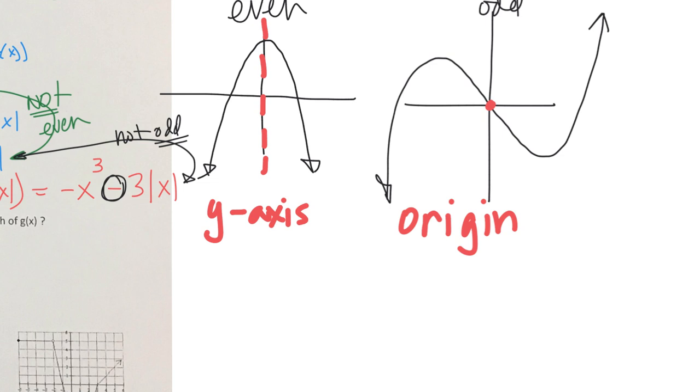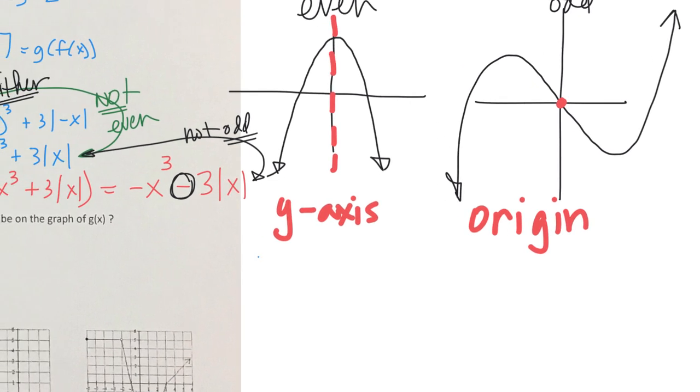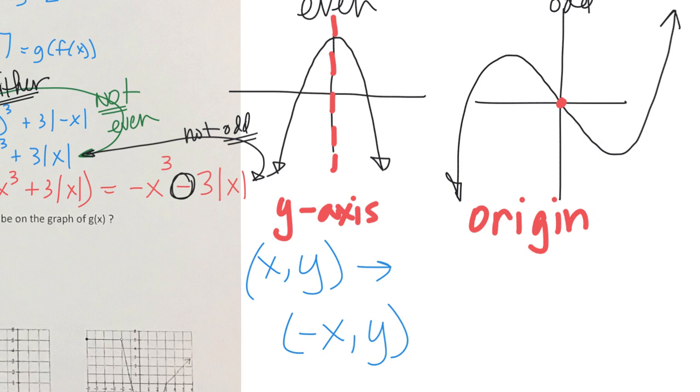Now what if we were looking at numbers? Numerically, for every (x, y) we have on our graph, there is a corresponding (-x, y). The y values don't change on an even function. The y values stay the same. If they started negative, they're going to remain negative. But the x values change. So there's a positive and a negative x with the corresponding same y.